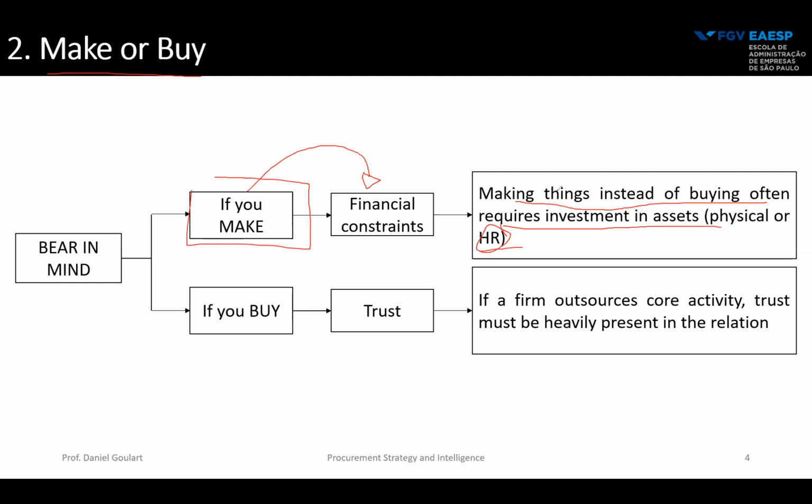If I decide to outsource, and at some moment in the future my supplier disappears for any reason, he decides to work with my competitor, he simply goes bankrupt, what happens with me? In other words, is my supplier very key to my operation, core to my operation?